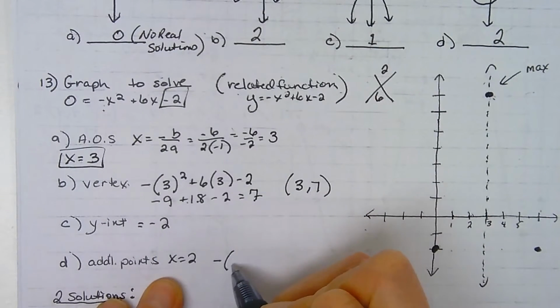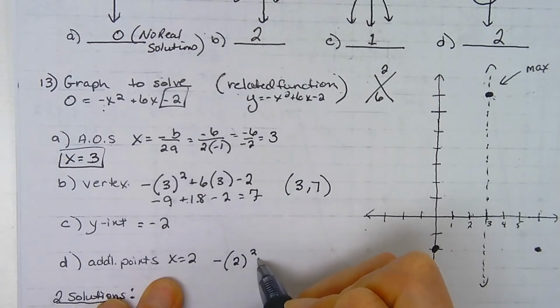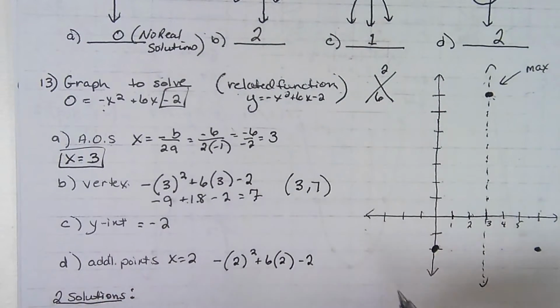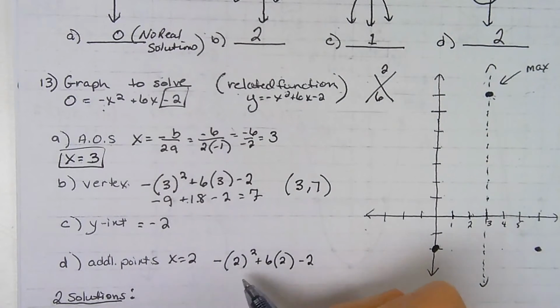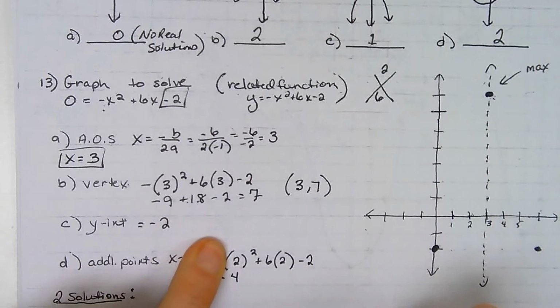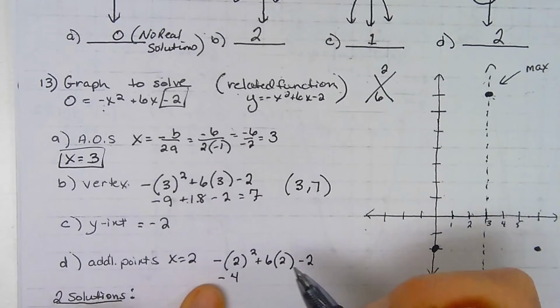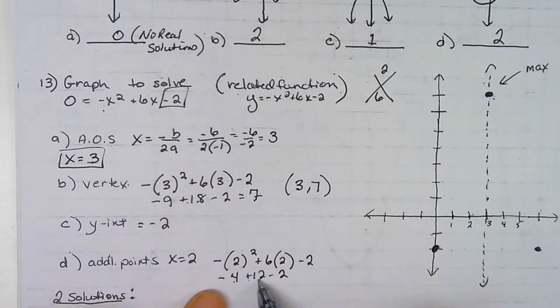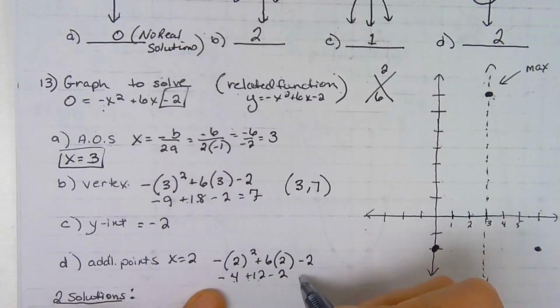The opposite of 2 squared plus 6 times 2 minus 2. What is that going to be? Well, 2 squared is 4, so that's minus 4. Remember that negative is on the outside, so it's minus 4 plus 12 minus 2. So minus 4 plus 12 is 8. 8 minus 2 is 6.